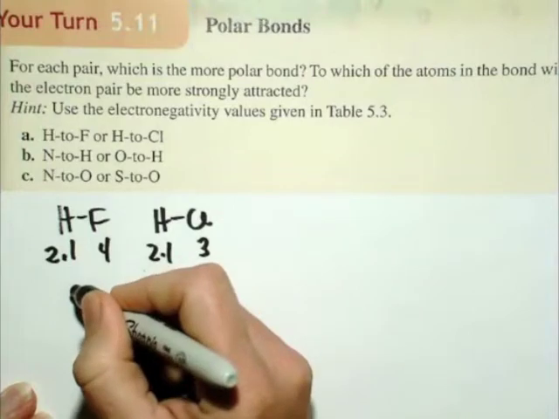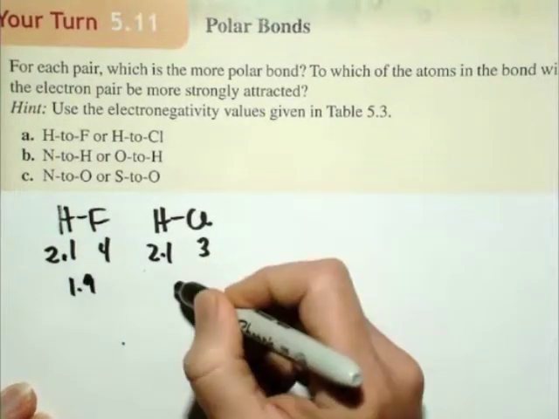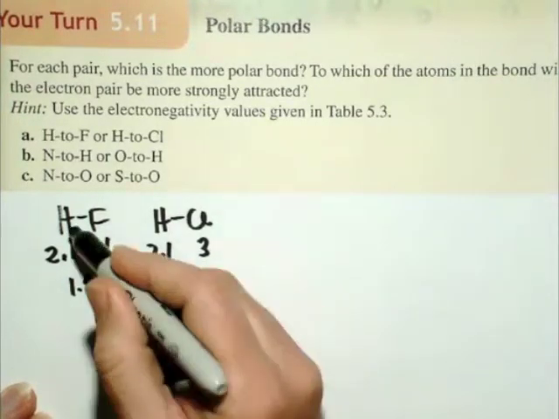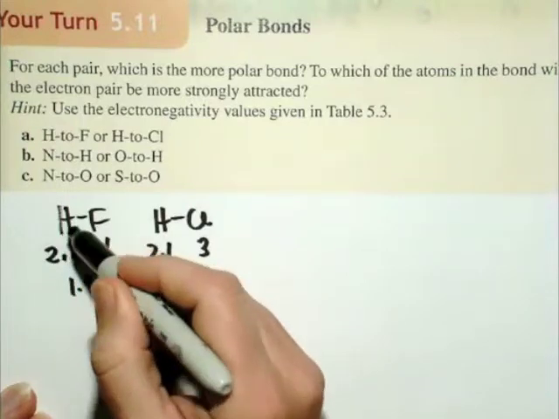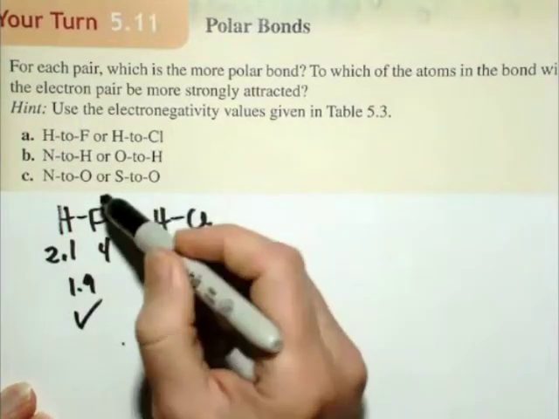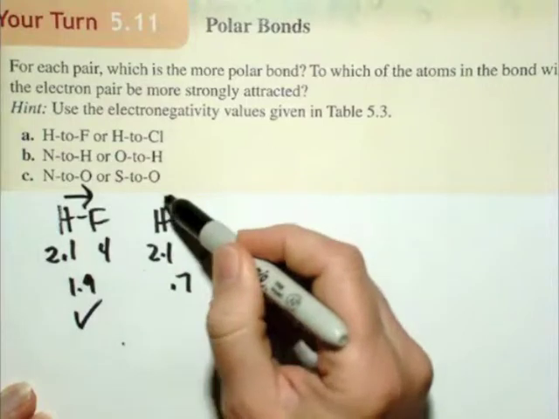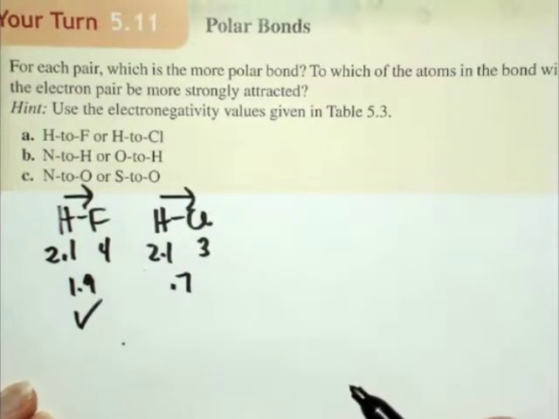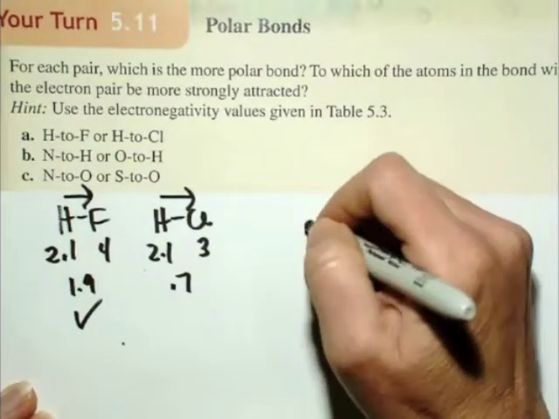And so the difference here is 1.9, and the difference here is 0.9. So we would say that this one is more polar, and the electrons are in the direction, in both cases, of the halide.